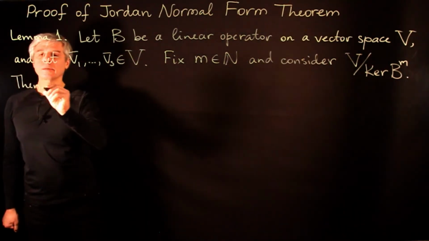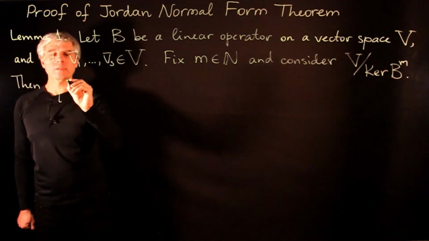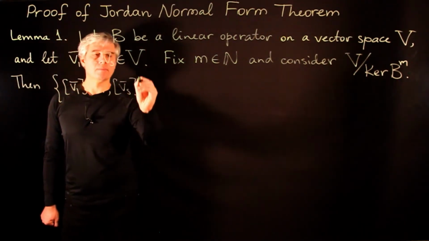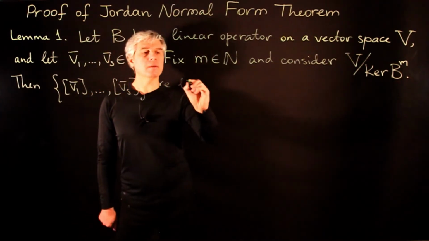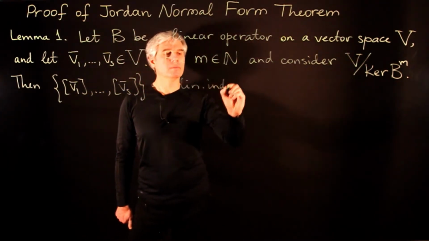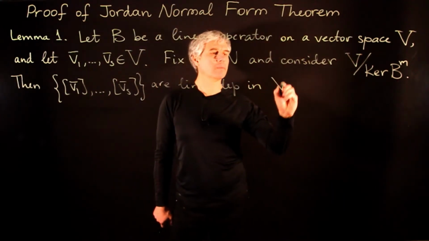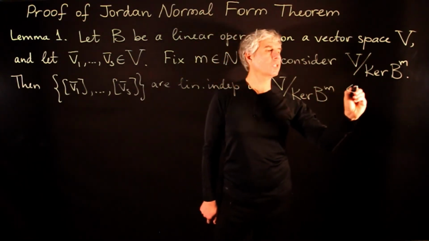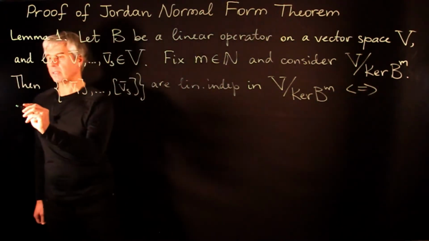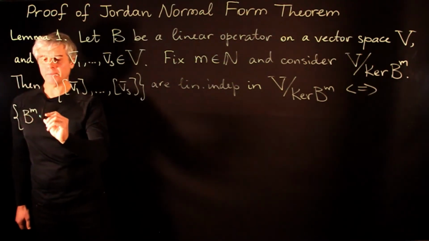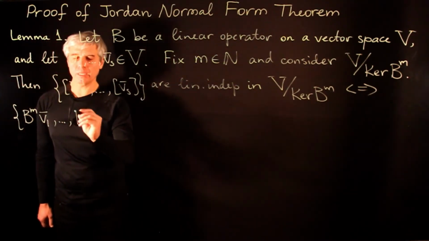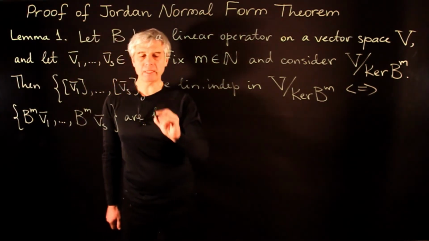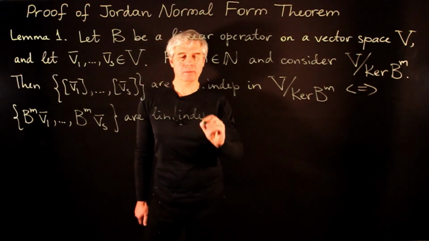Then the classes of these vectors V1 through Vs are linearly independent in the quotient space if and only if vectors B to the power m V1 through B to the power m Vs are linearly independent in V.